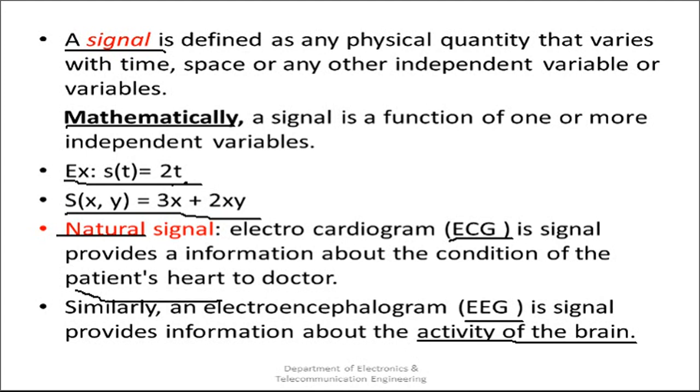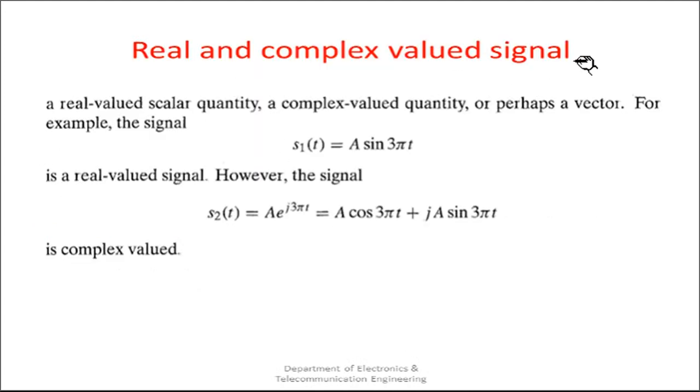Now let's see the other formats of the signal, like real and complex valued signal. From this first example, we can observe that there is no complex term, meaning no term in terms of j is mentioned. So that's why this is nothing but the real valued signal.